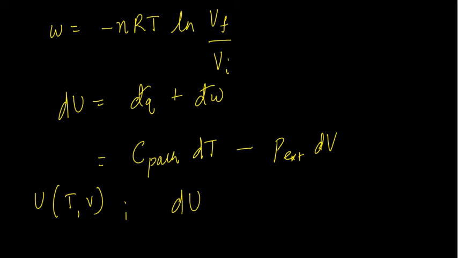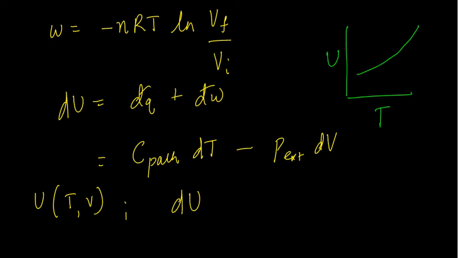What would it be? Let's say that's the plot of U as a function of temperature at constant volume. You're not changing the volume.